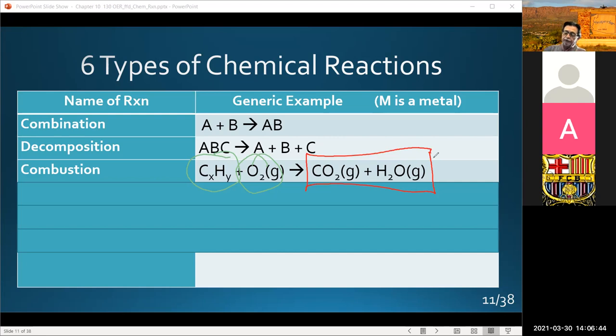Obviously, the hydrocarbons that we burn in our vehicles do not give pure carbon dioxide and water because our engines are very inefficient, and our system to burn hydrocarbons is very inefficient.